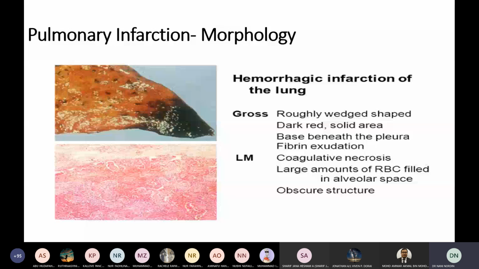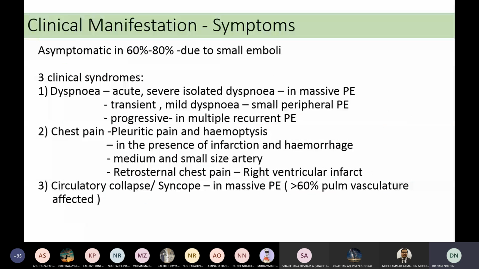So what are the signs and symptoms? Most of the time they are asymptomatic, especially those with small emboli. In fact, 60 to 80% of pulmonary embolism is because of small emboli, so you can simply miss it. Small emboli can easily dissolve by the natural inhibitors in the body.